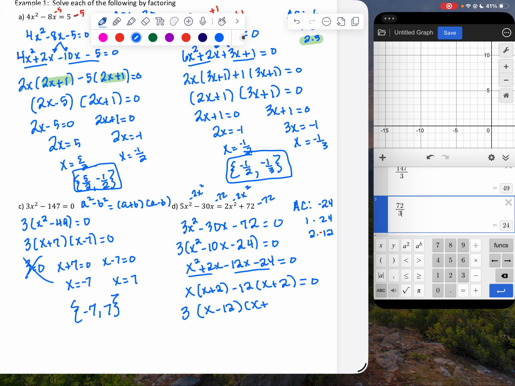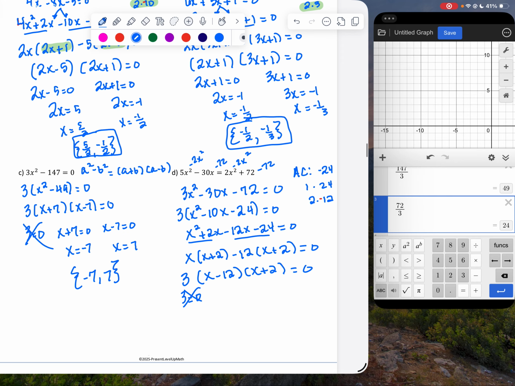Write down one of your twinsies here. Now, again, when you set each factor to 0, this one's not really going to give you an answer. So the 3 is not really important to our solution. And here, I think you can just see that our solution set is going to be the opposite of what's in the parentheses. Opposite of minus 12 is positive 12. The opposite of positive 2, negative 2.